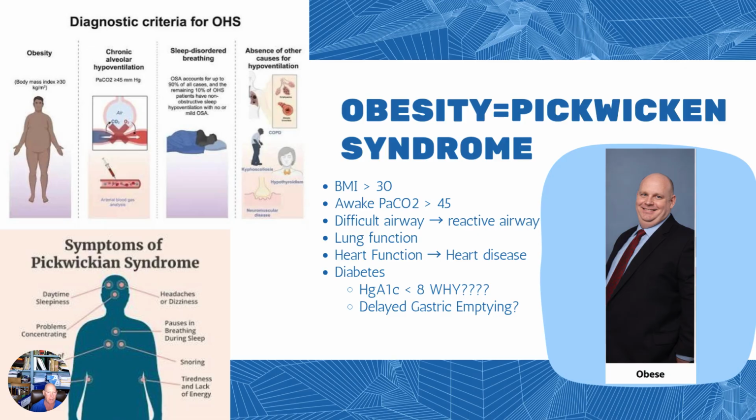Also, patients that are obese usually have heart disease and some type of diabetes. When you look at diabetes, one of the main criteria for doing a dental procedure is how good is their hemoglobin A1C. You're always looking for a hemoglobin A1C of less than 8.